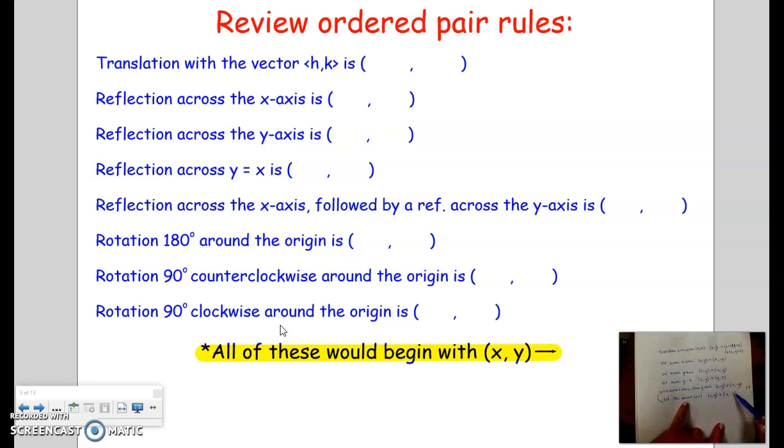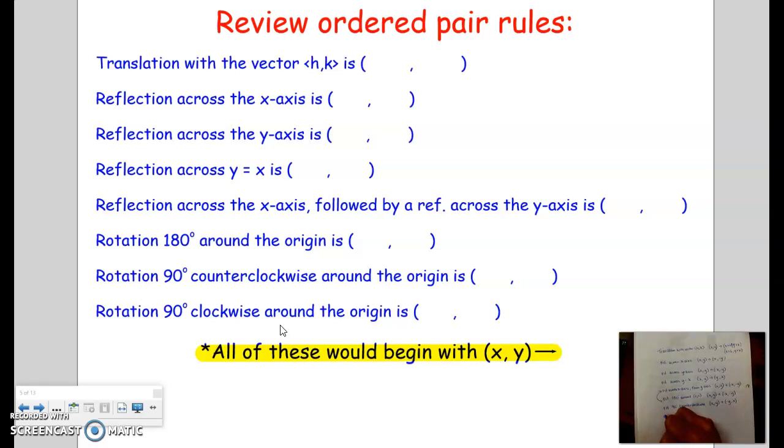Same result. The next one is a rotation 90 degrees counterclockwise. That's the one that we just looked at. So that takes a point (x, y). It switches their places, but changes the sign on y. So that maps to (-y, x).